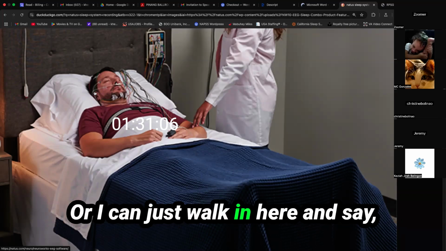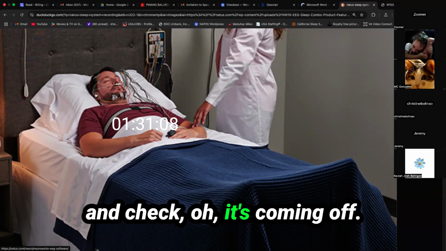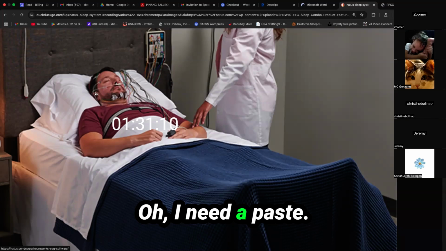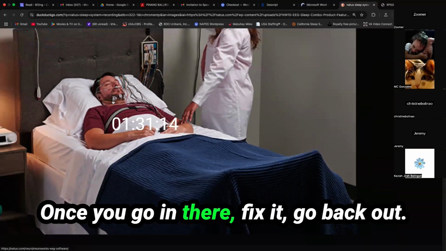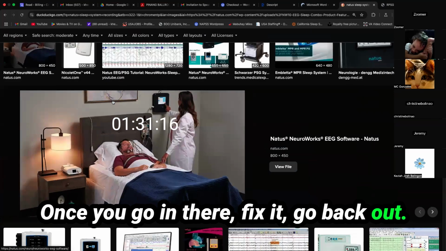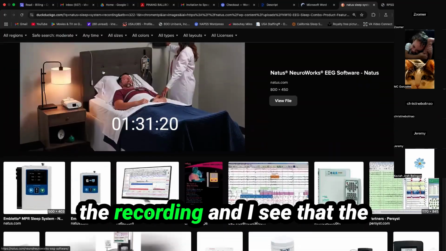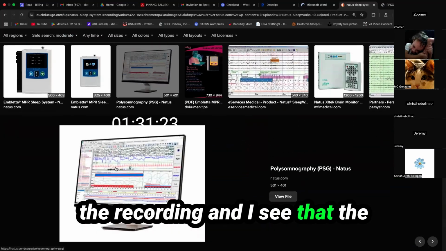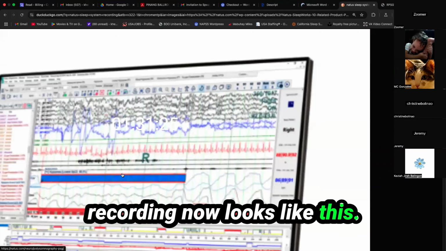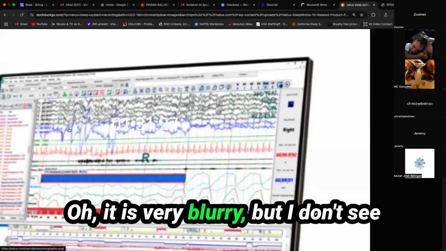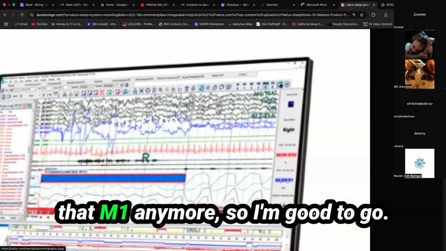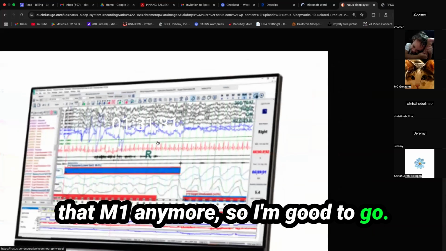I walk in and check: oh, it's coming off, I need more paste. Once you go in there, fix it, and go back out. Then I look at the recording and see that it now looks like this. It's very blurry, but I don't see that M1 anymore. So I'm good to go. I'm done for the night.